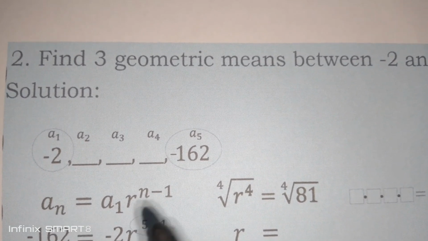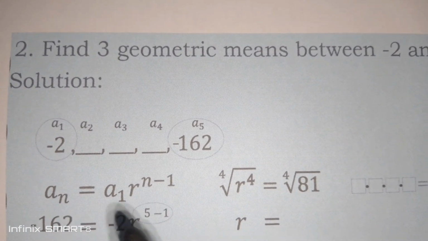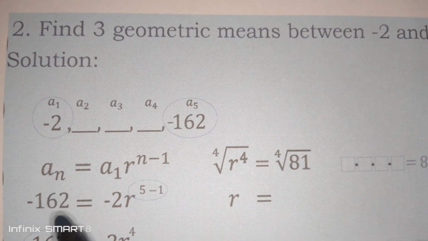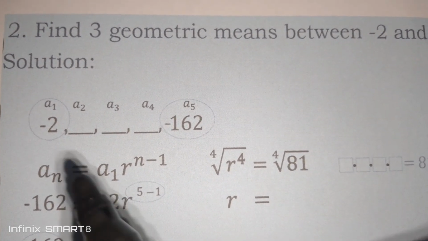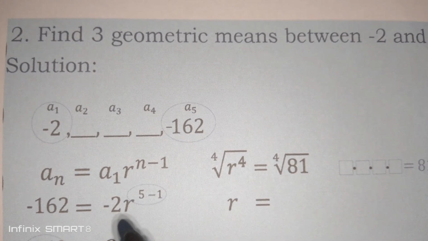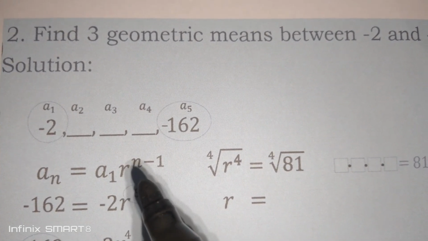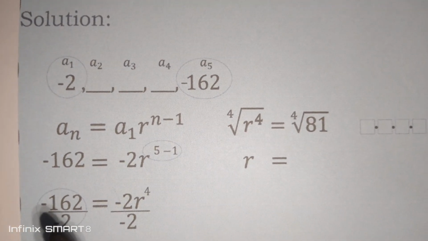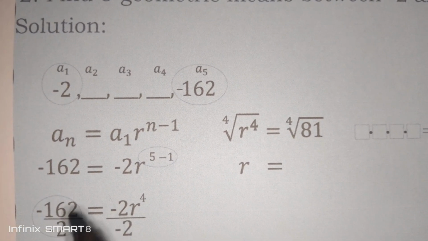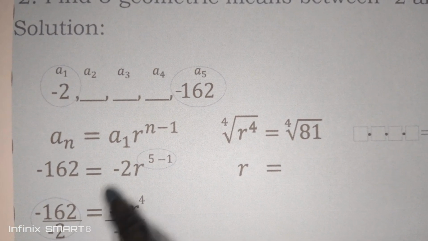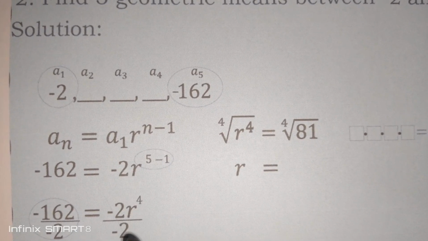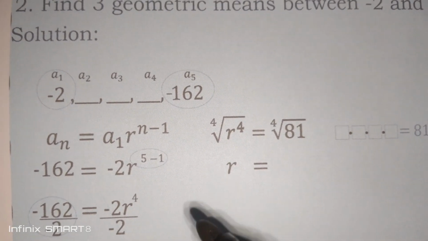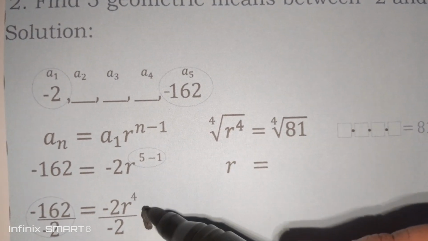Okay, so apply the formula of the geometric sequence, An is equal to A1 times r raised to n minus 1. So your An is negative 162, is equal to your first term negative 2, then r raised to 5 minus 1. 5 minus 1 is 4. So negative 2 r raised to 4.